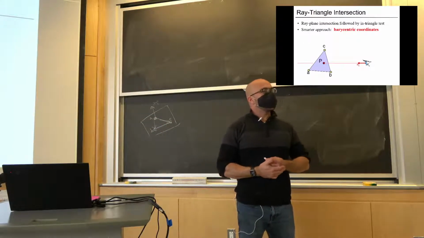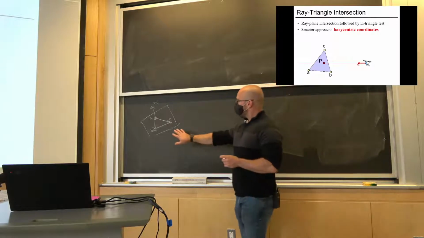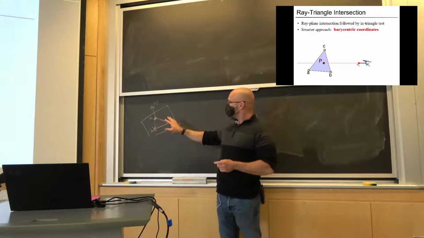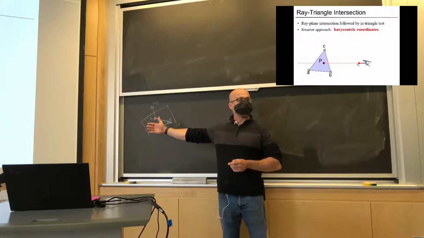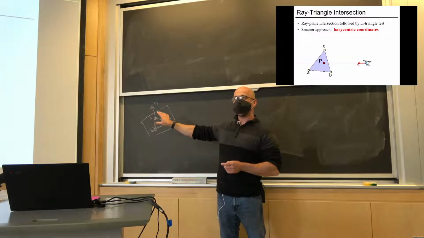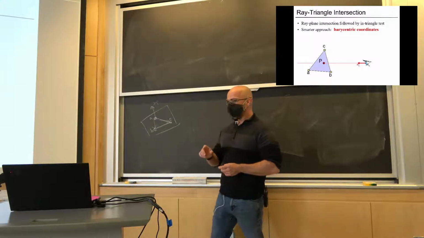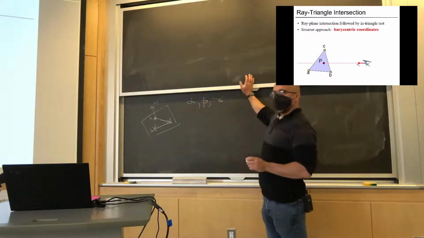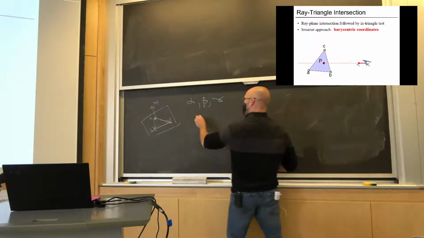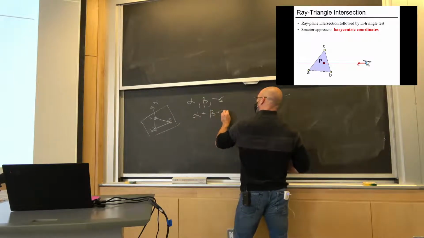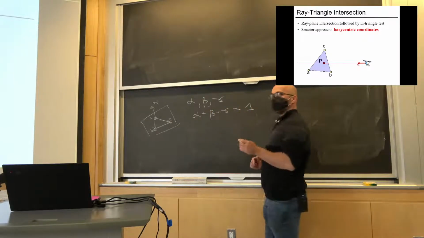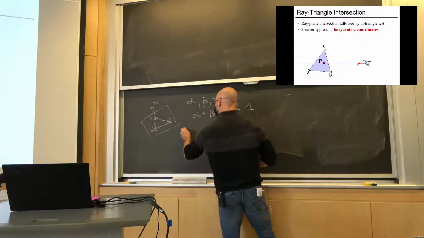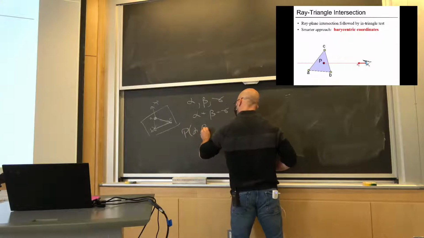There's actually a third one we're going to work with today, which is that the plane through this triangle ABC can also be defined as the set of all weighted averages of A, B, and C. If I take 3 numbers that sum up to 1, for example alpha, beta, and gamma, so that alpha plus beta plus gamma equals 1, then I claim that the following point is in the plane, namely P of alpha.